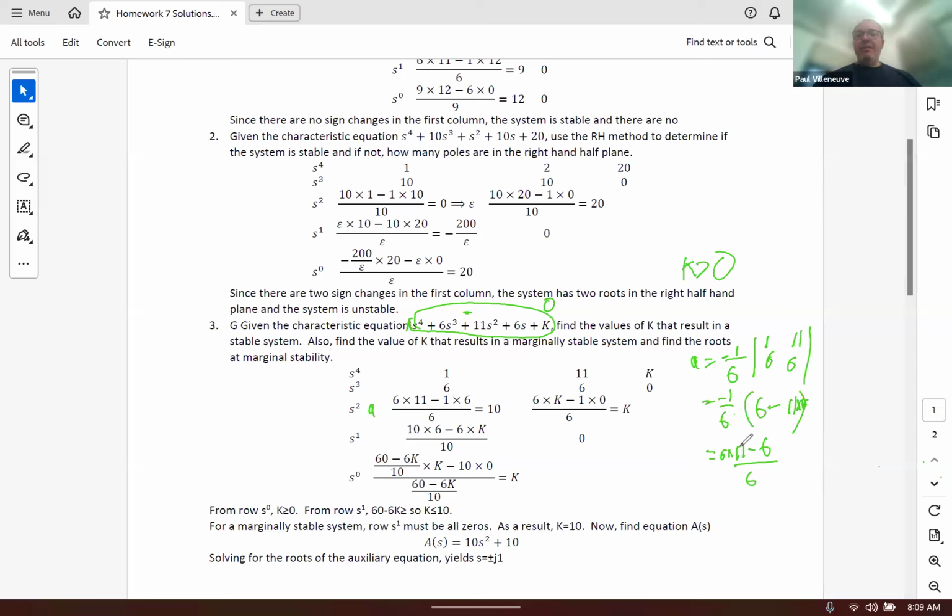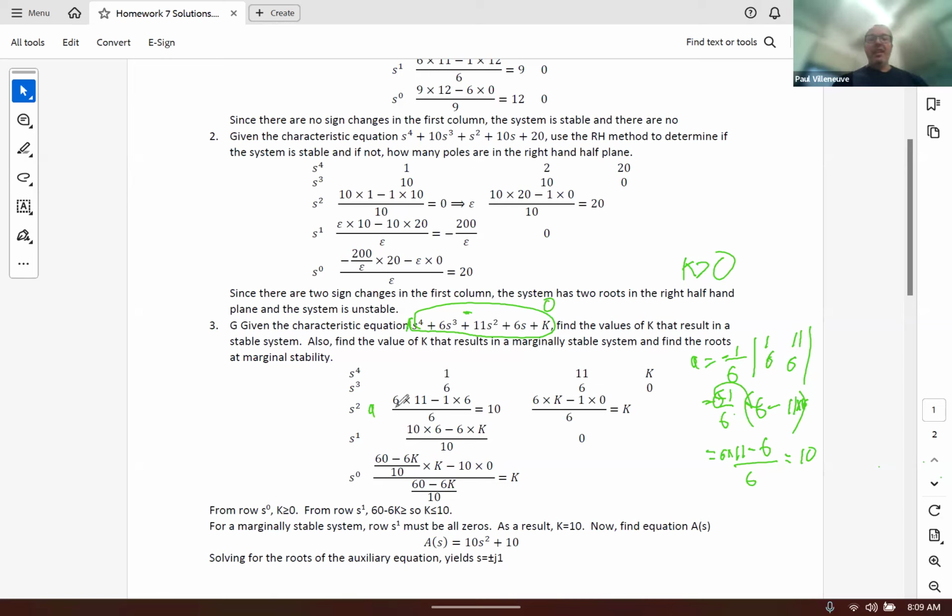And then when you do that out, you should see that that's equal to 10. Over here, I simplified it a little bit. I moved the negative sign in from the beginning. That's why it's 6 times 11 minus 1 times 6, right? So the math is correct. I just skipped the step of showing the determinant and the negative number.